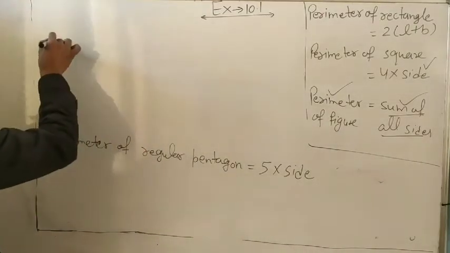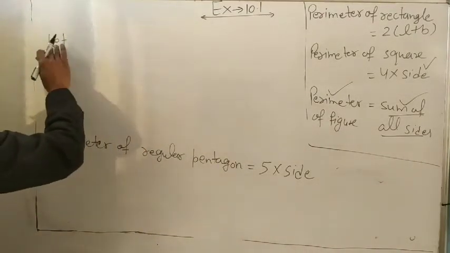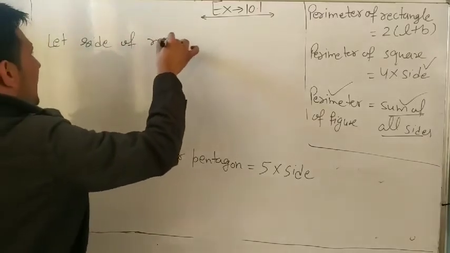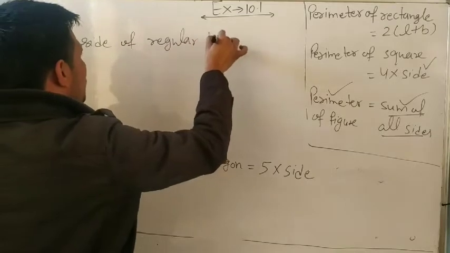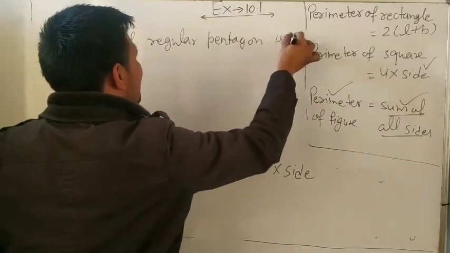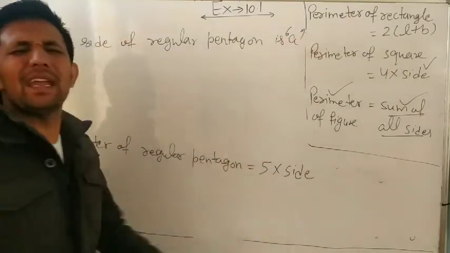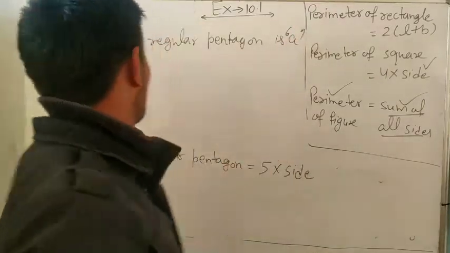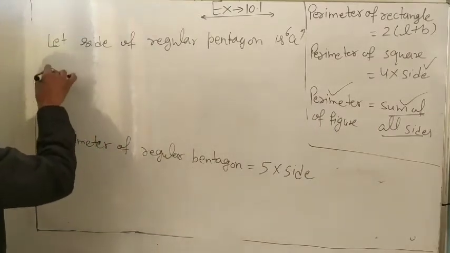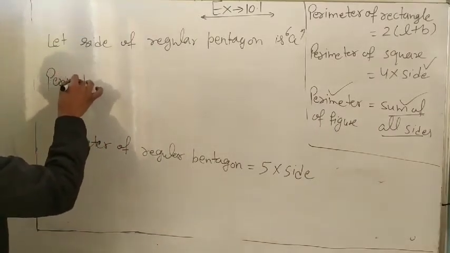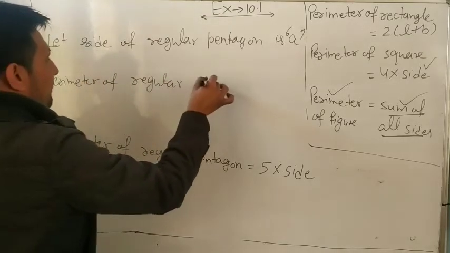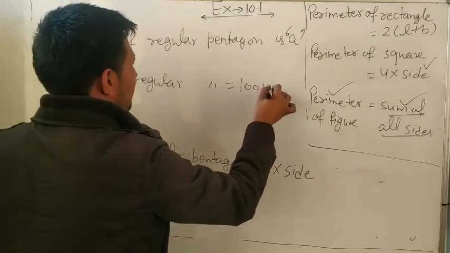So write, let the side of the regular pentagon be A. You can consider A, X, B, Y, Z, or N. Now the perimeter of the regular pentagon, how much is given? 100 meter.